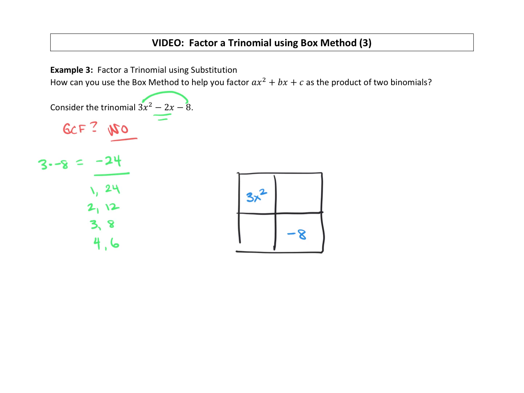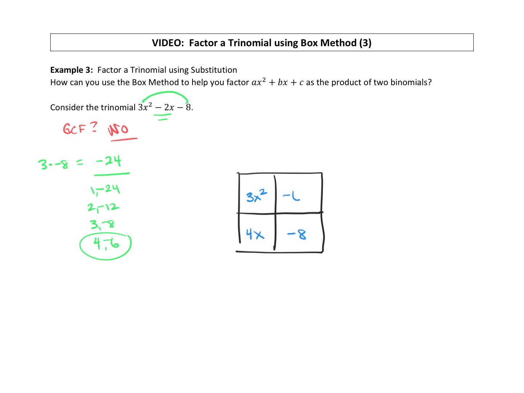Because I know that I need one number to be negative, remember, whatever your b value is, the larger factor will have that same sign. So I'm just going to make all these bigger numbers negative. Then if we can find the factor pair that adds up to negative 2, that is going to be 4 and negative 6.